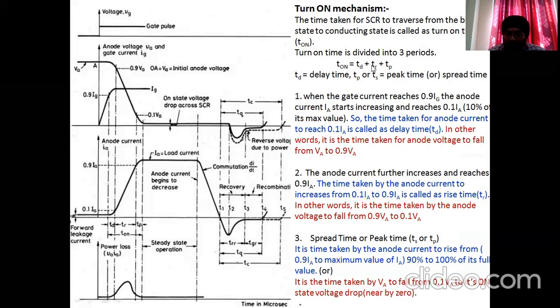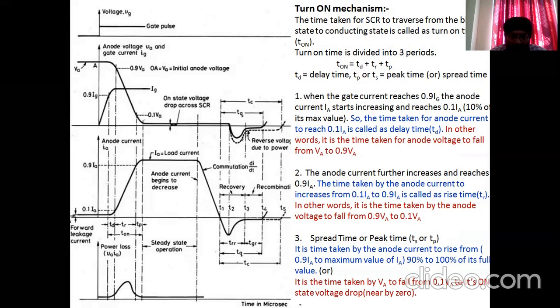So T on is the sum of delay time, rise time and spread time. In this case, this is the delay time over here. Delay time says that the anode current reaches from 0 to 10% in a time period called delay time.